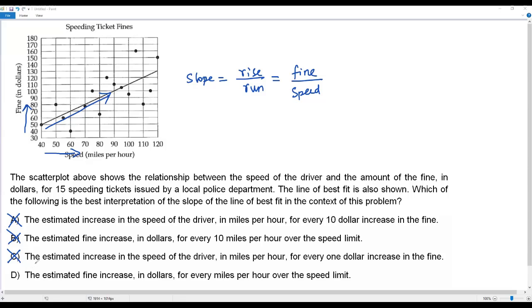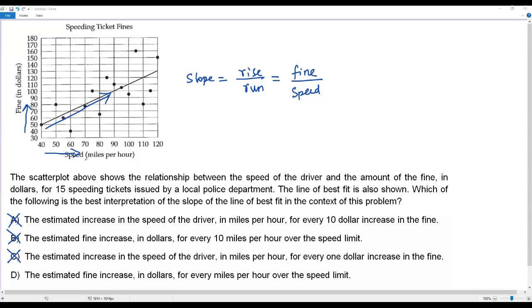The estimated fine increase in dollars for every mile per hour over the speed limit. This is perfectly correct, because we have already interpreted the slope: how the fine increases in dollars with respect to the increase in speed in miles per hour over the speed limit. As I said earlier, the spacing of the numbers will never matter when we calculate the slope. Here in this scatter plot, the numbers are spaced with 10 units on both the vertical and horizontal axes, but sometimes it will be spaced with 100 units, depending on the size of the numbers.